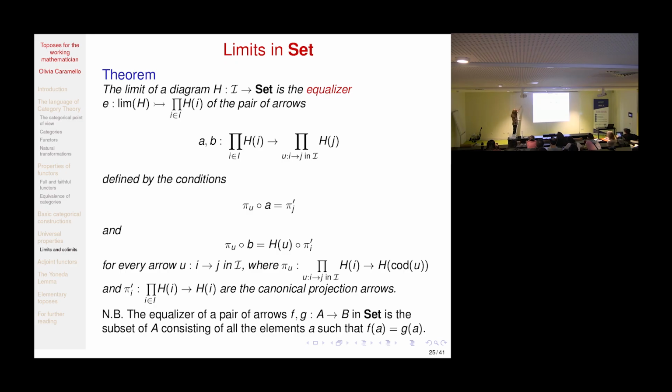By the universal property of this product, giving an arrow to it is the same thing as giving the composite with the projections. Here I call the projection corresponding to U, pi U. So what I have to specify is simply the composite.